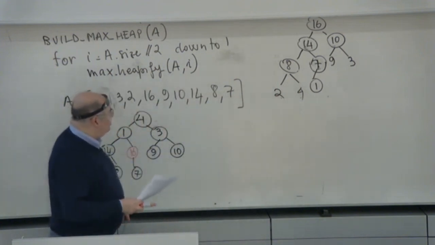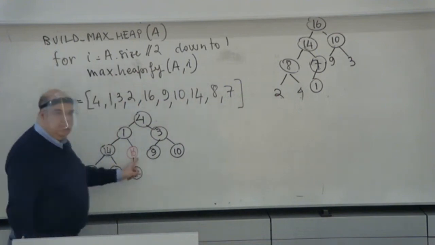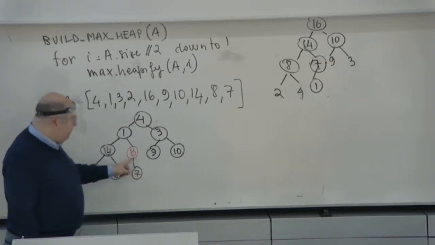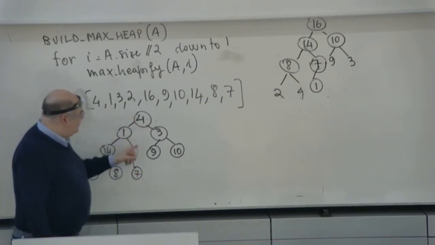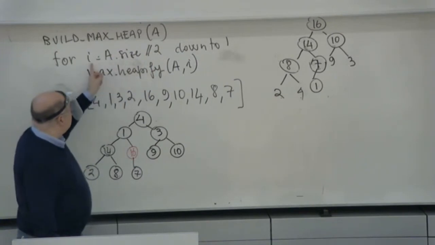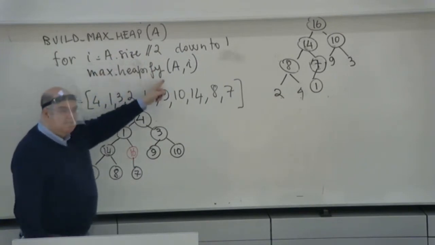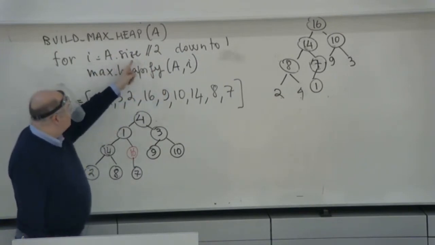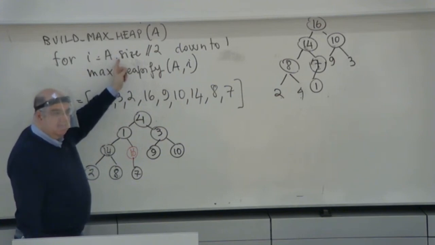Now, in principle, you start from here and you go up. So the algorithm repeats Maxipify n over 2 times, where n, the size of A, is the number of nodes.